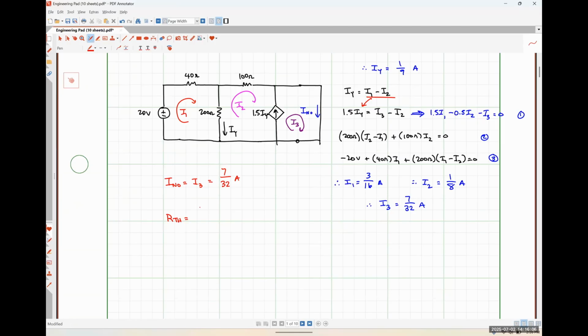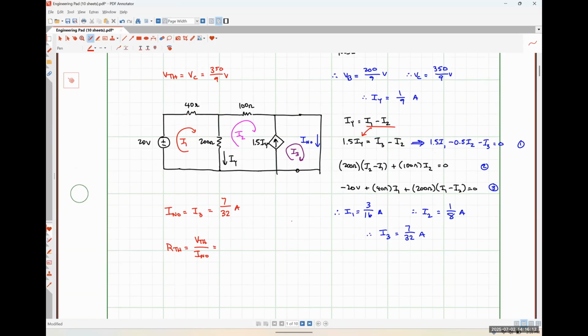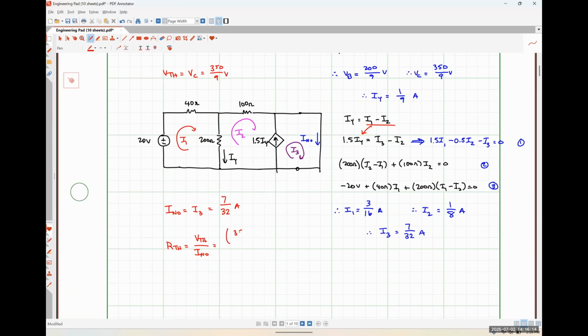So putting these results together, we should find that our Thevenin resistance is just VTH over I Norton, comes out to be 350 over 9 divided by 7/32. I can't do that in my head, so I'm throwing that into my calculator.